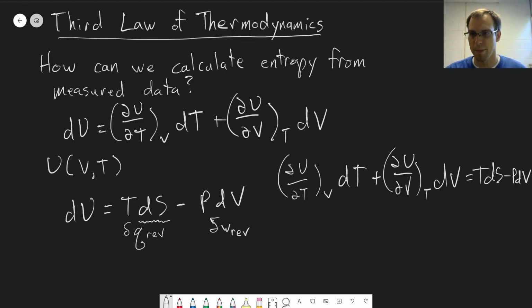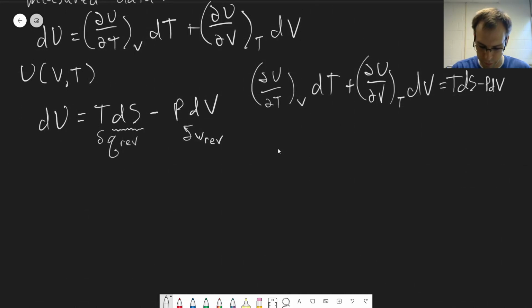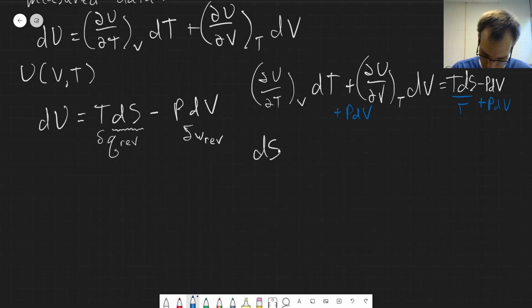We'd like to get dS by itself. So we're going to have to add P dV on both sides, and we're going to have to divide by temperature on both sides, over the whole thing. Overall that's going to get us an equation that looks like this.